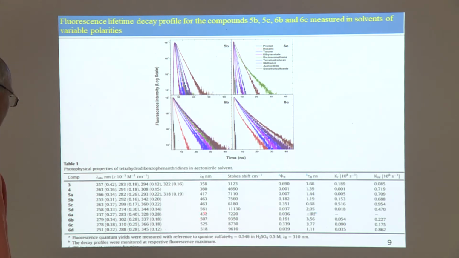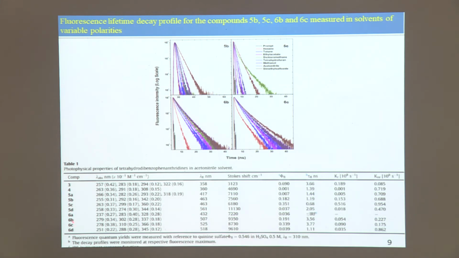There is a blue shift when compared with nitro, but when compared with the phenyl ring, 360 has become 432. There is a red shift, and the Stokes shift value is also increased, 7220, and the quantum yield is 0.036, almost equivalent to that nitro compound, and this one we could not measure.